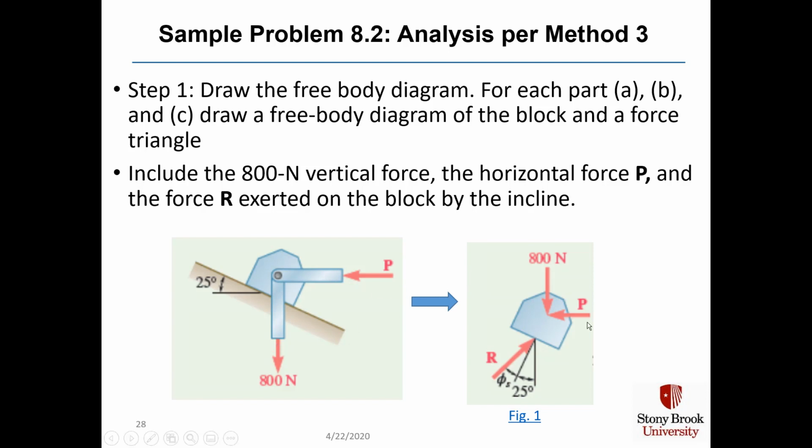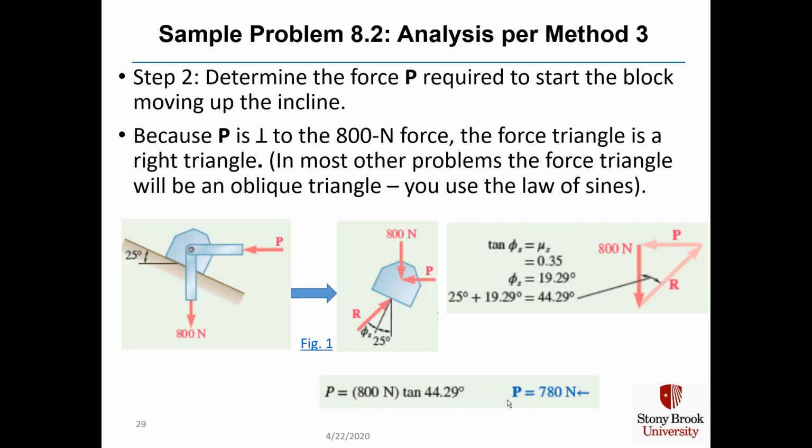We've got our horizontal force P, and we've got this force R exerted on the block by our incline. In order to solve the problem of what is the force to start moving the block up the incline, we add in this force triangle the friction force to the original 25-degree angle of the incline.